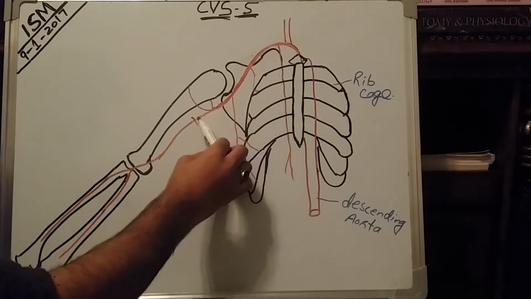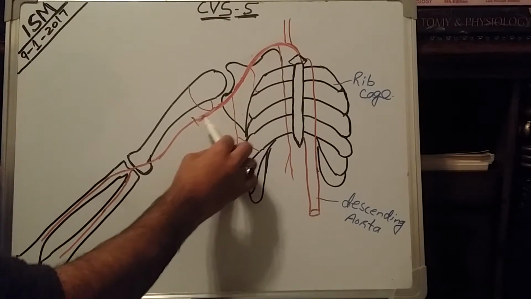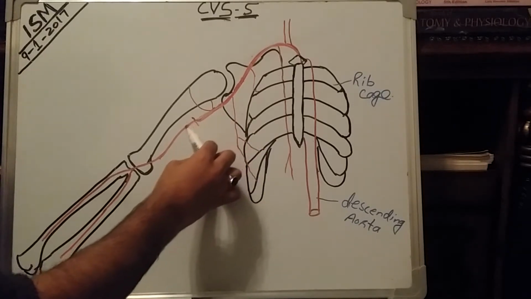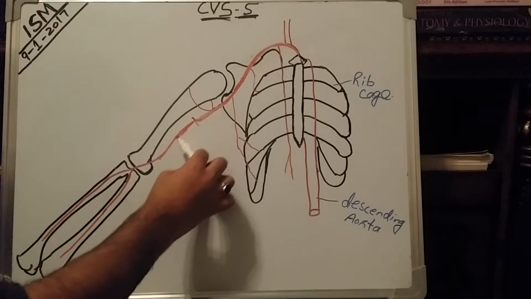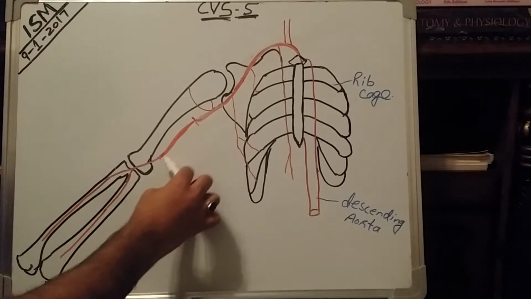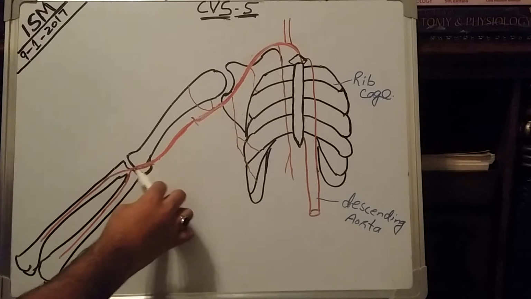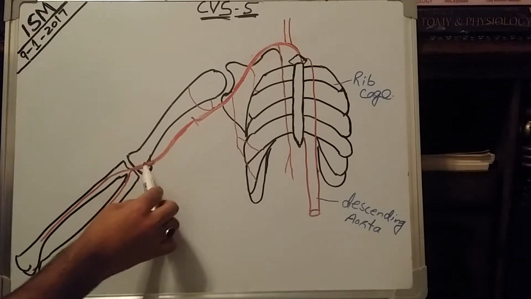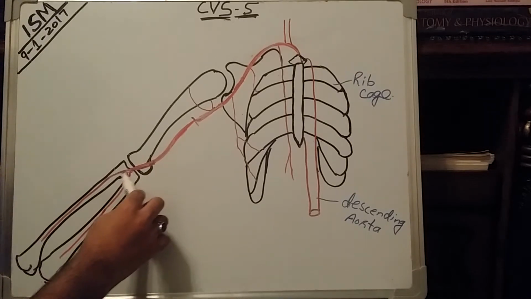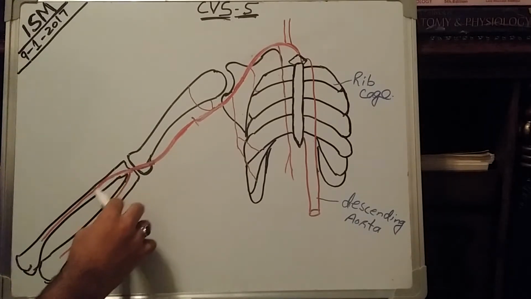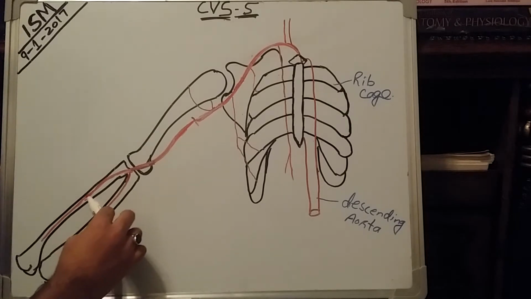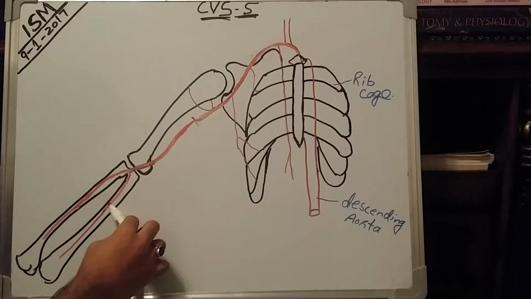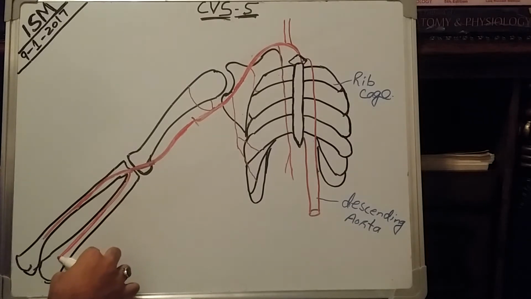This is the axillary artery, and after the teres major muscle, it becomes the brachial artery. At the level of the arm and forearm, it bifurcates and forms two main arteries: the radial artery and the ulnar artery.